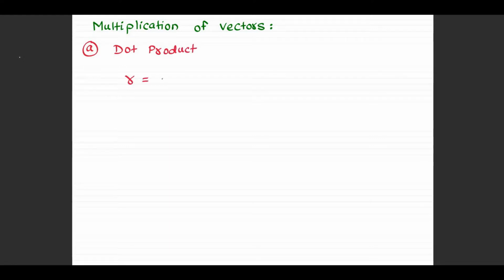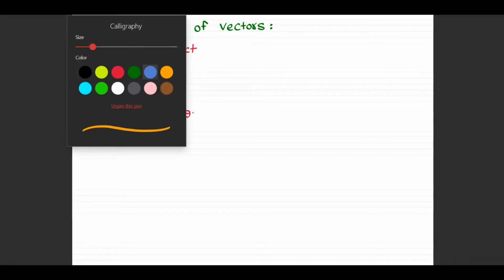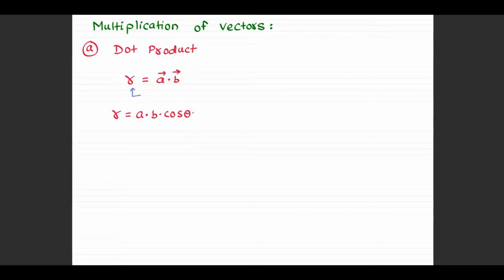Now dot product of a vector is defined like this: A dot B. Magnitude is A into B into cos theta, and there is no direction to it. It's only a scalar quantity. So please remember, it's a scalar quantity.